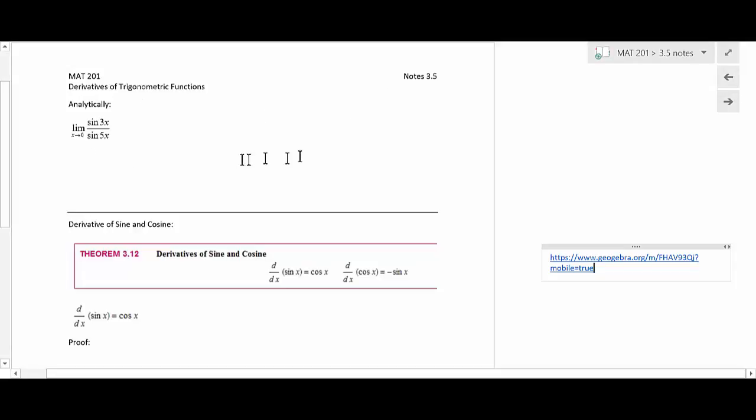Let's go ahead and go to the next page, and let's look at doing this one analytically, and take a look at how you're going to do this one. One of the things you have to do with this one is apply a similar trick.